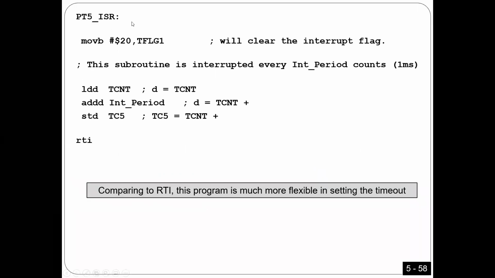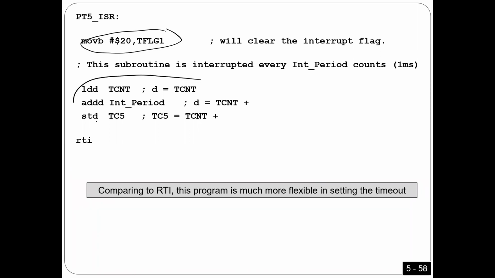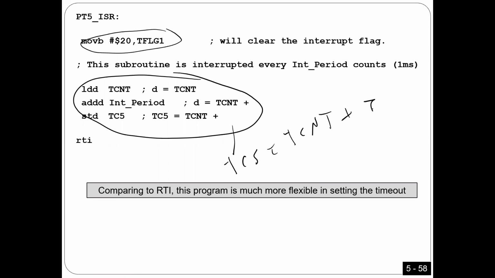Inside the interrupt subroutine, number one, I clear the flag bit as we always do. Also, as I told you, TC5 should equal TCNT plus 3000. So every interrupt I say the next interrupt comes after 3000. That's how I can make interrupts every 1 millisecond.